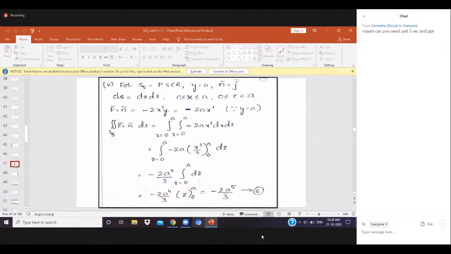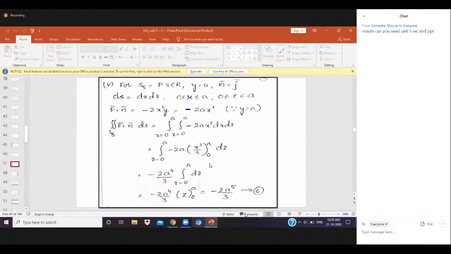Then the fifth surface is PSCR, where y equals a and the unit outward drawn normal n bar equals j bar. So f bar dot n bar becomes minus 2x square y, but here the y value is a, substituting that gives minus 2a x square within the limits x from 0 to a, z from 0 to a.